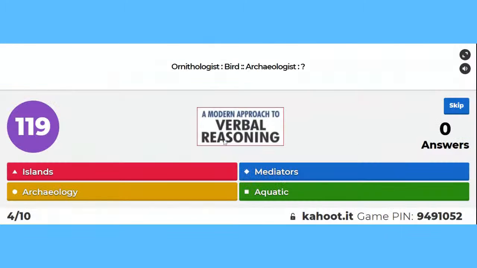Ornithologist is to bird as archaeologist is to. I'll give you a hint. As an ornithologist is a specialist of birds, what is an archaeologist a specialist of?